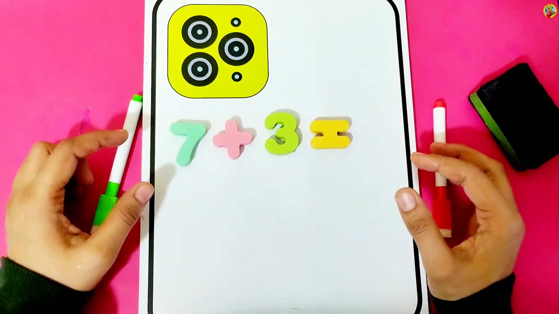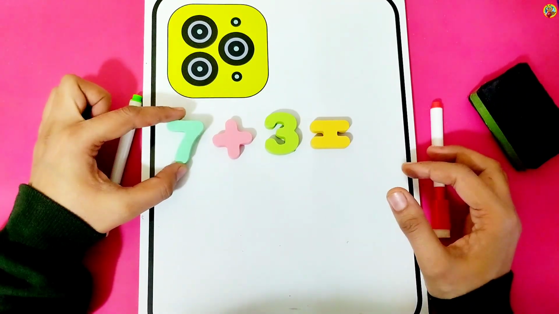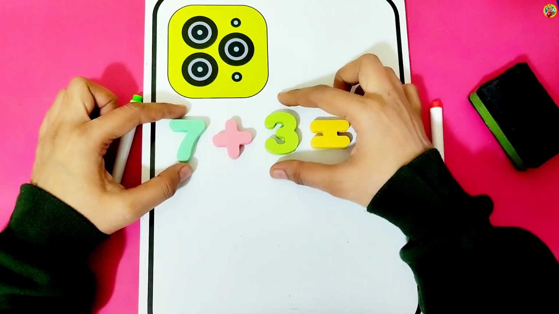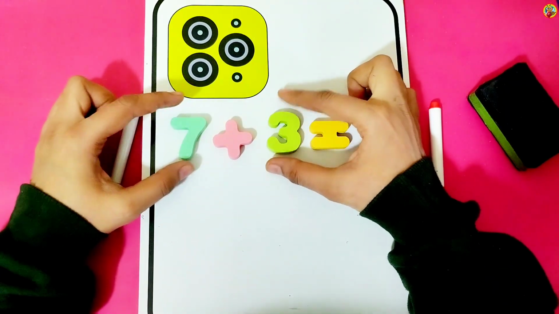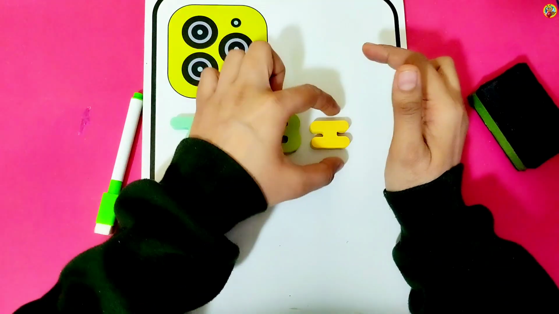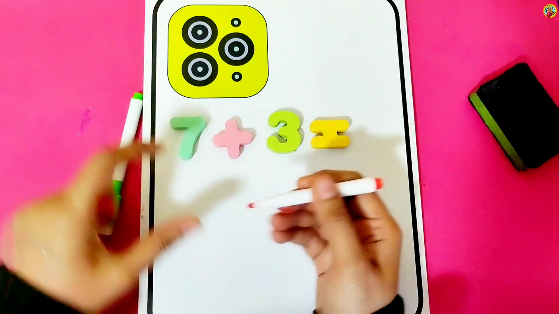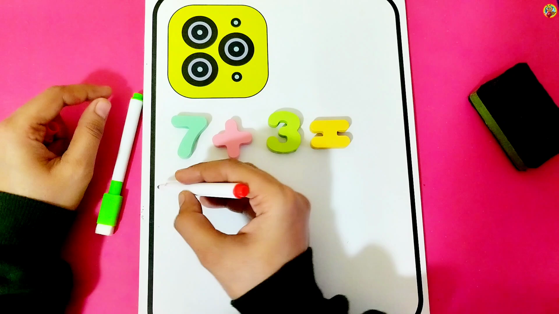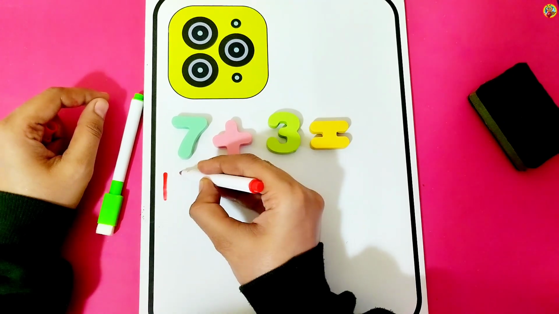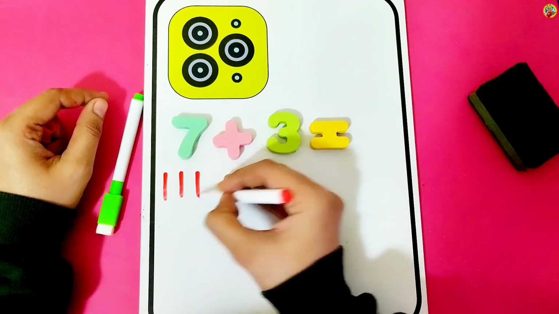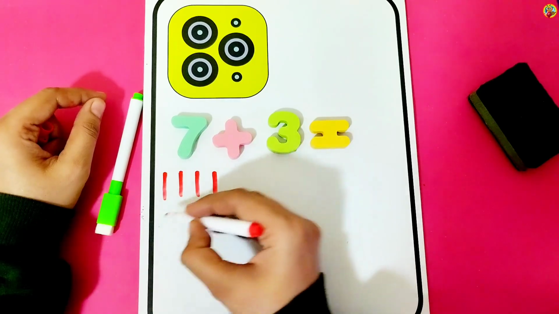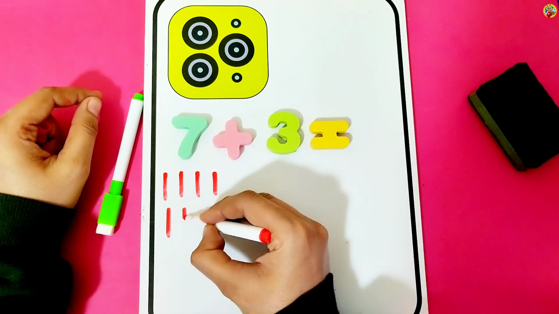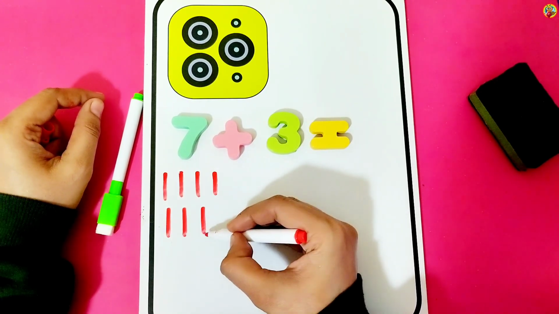Next, left side we have 7 and the right side we have 3. 7 plus 3 equal. Okay. Left side we have 7. Draw the 7 lines below 7. Look at this. 1, 2, 3, 4, 5, 6, 7.